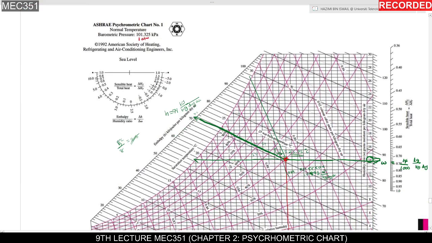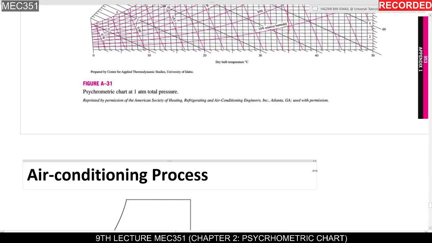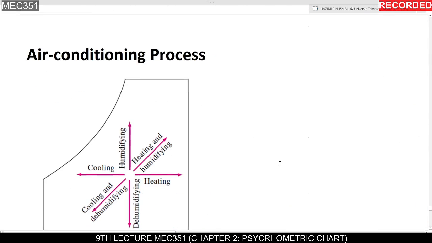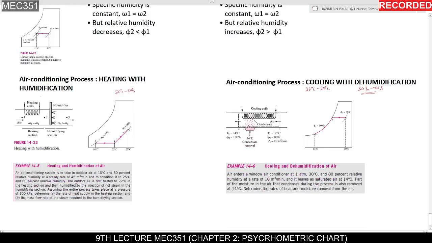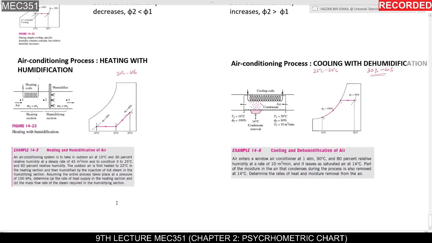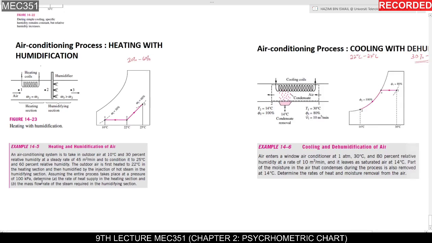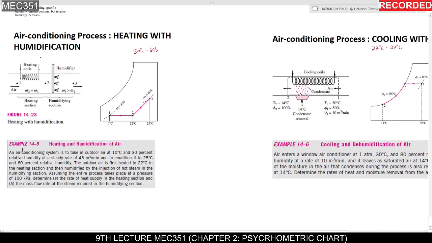Because in our previous semester, the psychrometric chart will be used to analyze the air conditioning process. Specifically you can find this example problem here. This is when you will use the psychrometric charts to make your analysis simpler and easier.